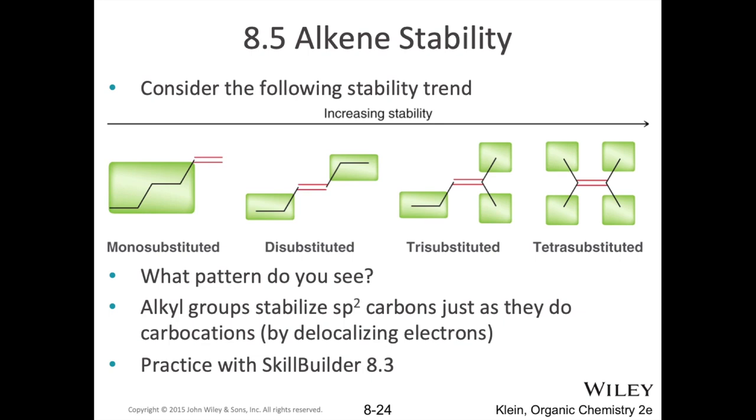I know that seems counterintuitive based on what we just said about steric strain, but looking at that as a separate factor, the number of substituents generally increases stability. Remember, alkyl groups can push electron density towards something due to hyperconjugation. We saw this back when we were learning about carbocations. It turns out these alkyl groups stabilize sp2 hybridized carbons in a similar way.